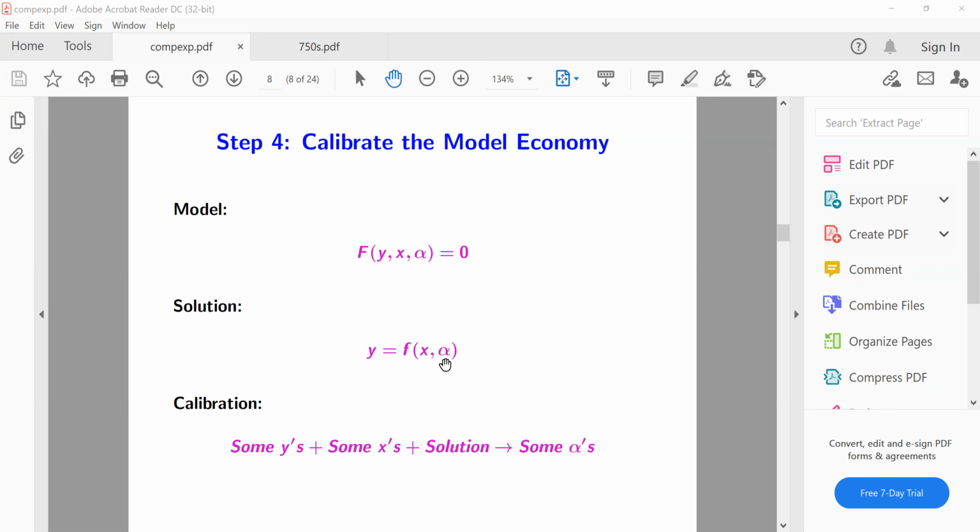So usually we want to write alpha k, some of the parameters, as a function of, if we are lucky, some of the x variables and some of the y variables, okay?